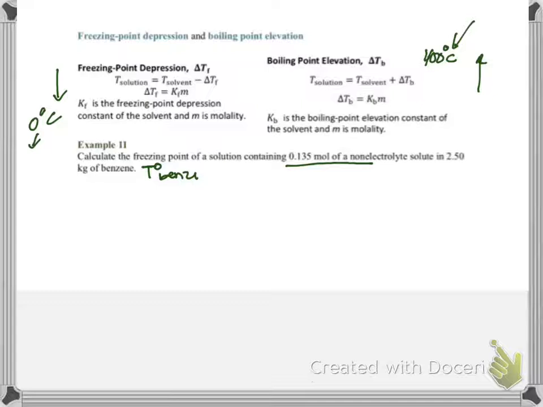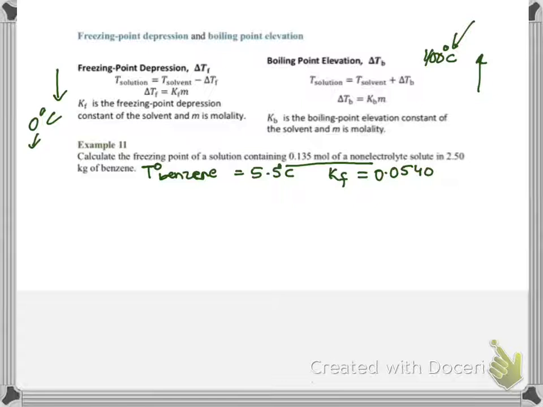The freezing point of benzene will be given to you, which is 5.5 degrees Celsius. And also the Kf value, which is a constant, the freezing point depression constant, will also be given.